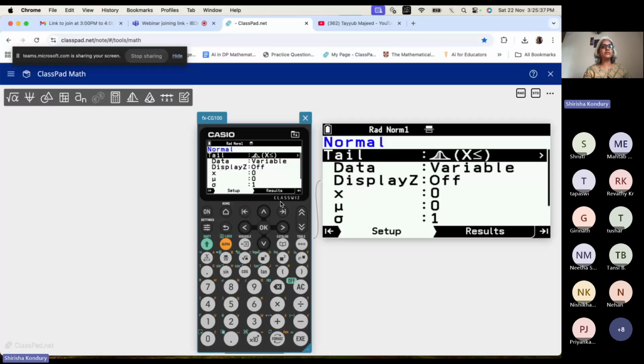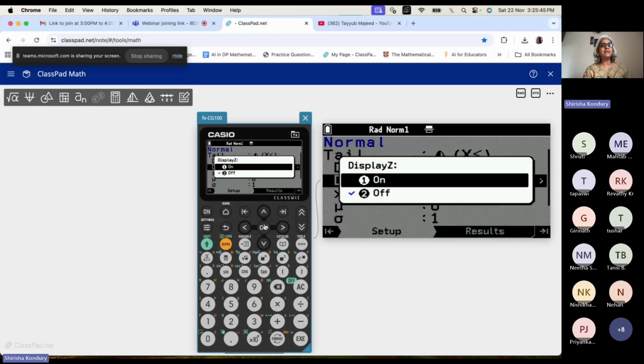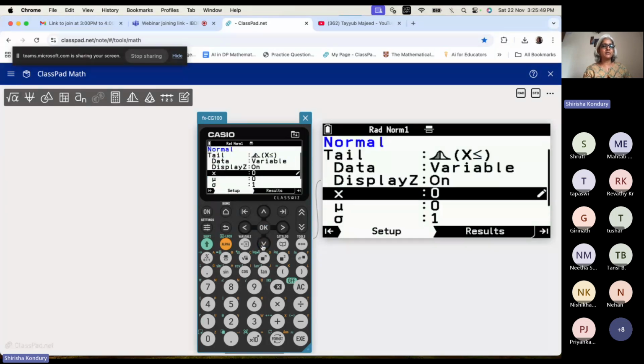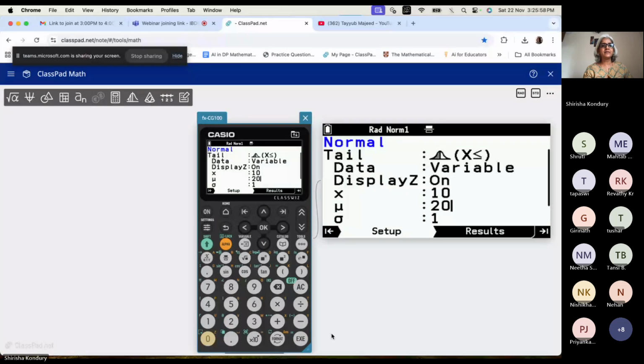So very similar to the binomial, you can choose the tail. I have a variable. You can choose to keep the z-scores on, which is for your standard normal distribution. Correct? So say, for example, I'm choosing less than 10. My mean was 20 and my standard deviation 5.